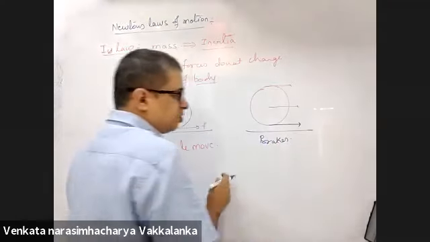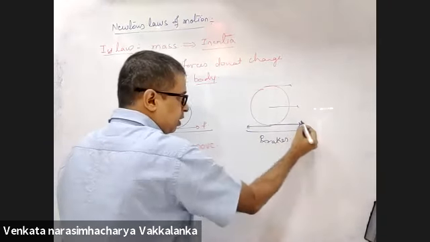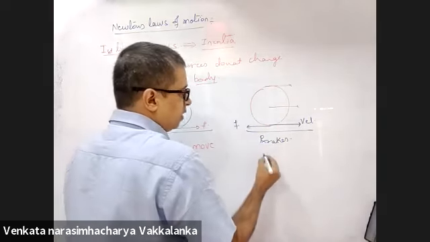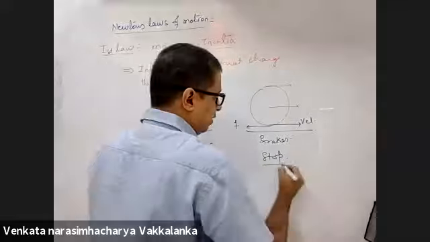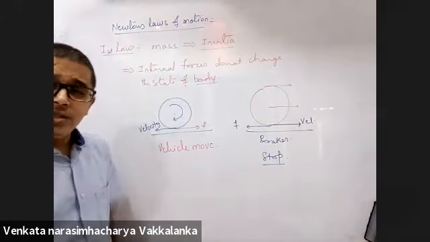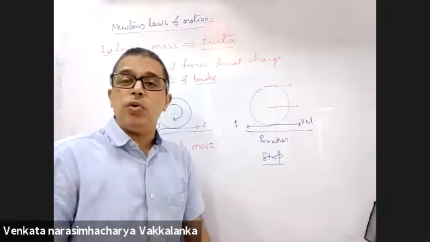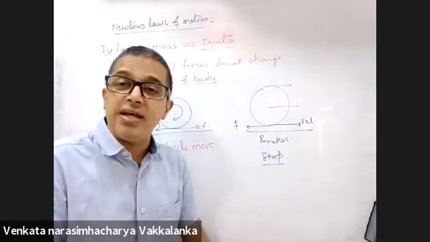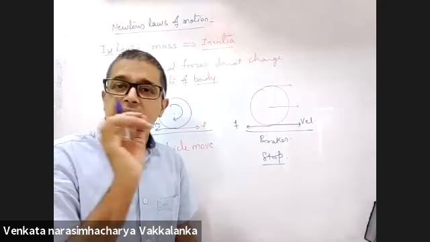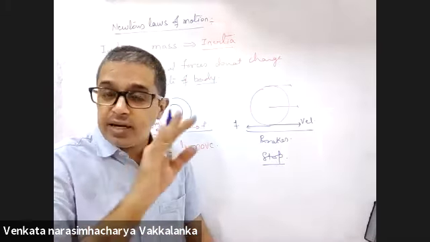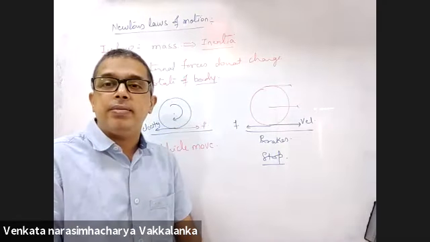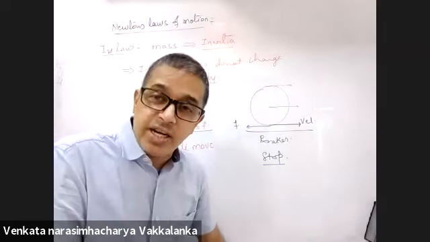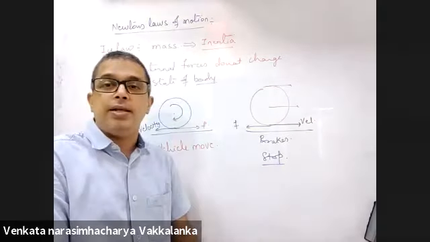Now this point is slipping in the forward direction, velocity will be this way. Friction will act in the backward direction to stop the vehicle. In both cases, it is an external force which either brings your vehicle to rest or makes it accelerate. Without an external force, change of state is not possible.